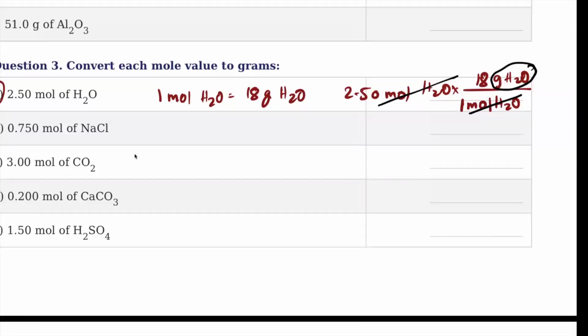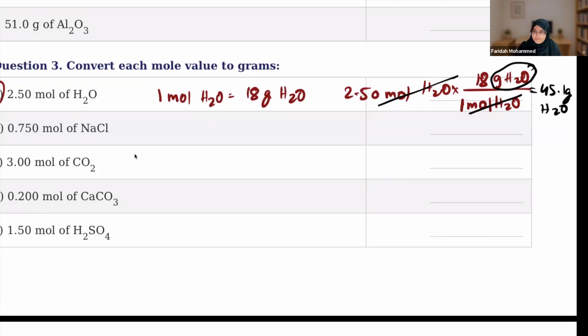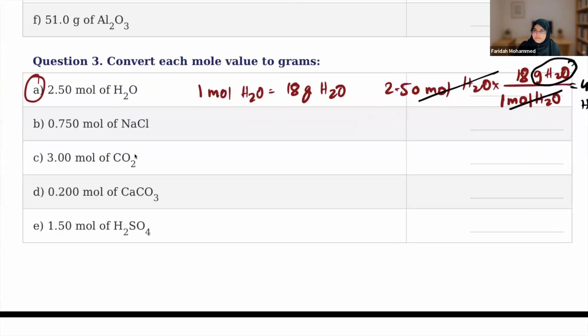Let me use my calculator. 2 times 18 is 36, and 36 plus 9 is 45. So 45.1 grams of water. Okay.